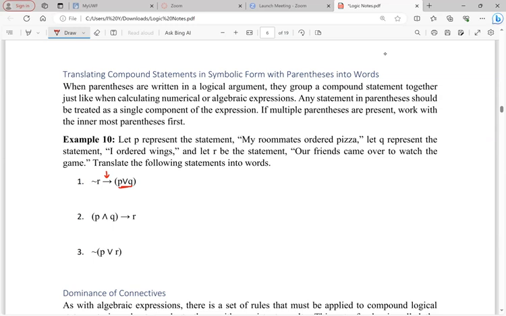So we'll start with if because it's conditional. If, and it's not R. So if our friends did not come over to watch the game, and the way we show the grouping in English is to put a comma.